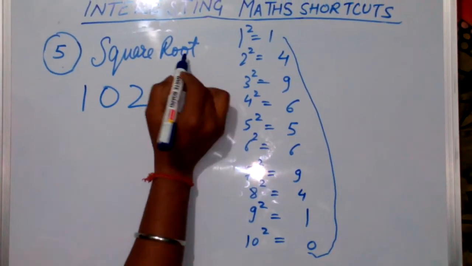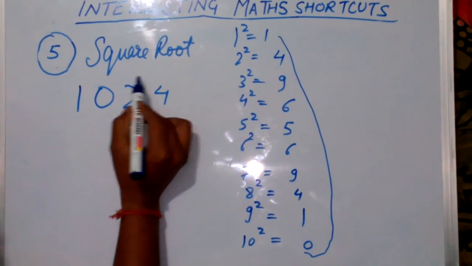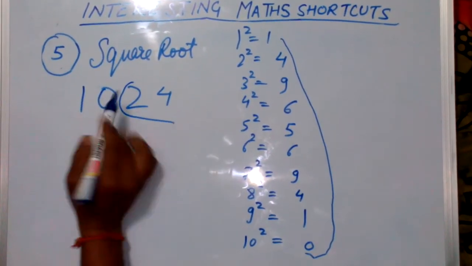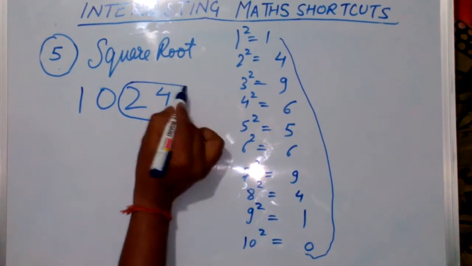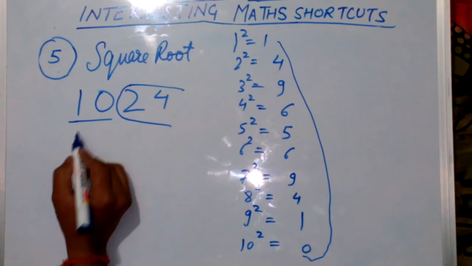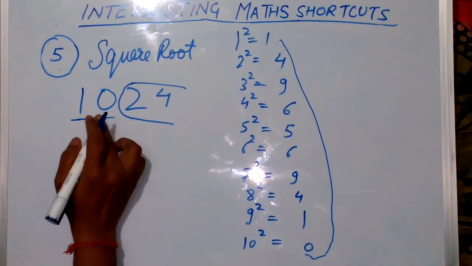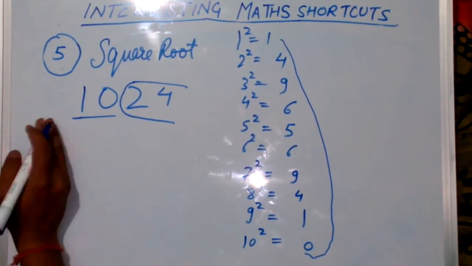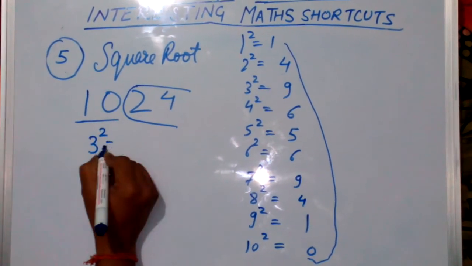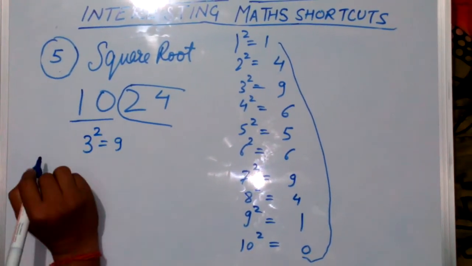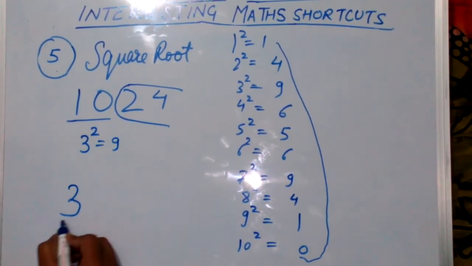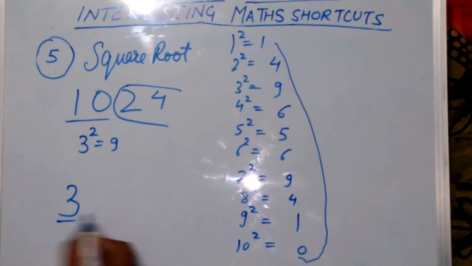For this, remember we have to separate the last two digits and the remaining digits. For the remaining digits, we select a number whose square is just less than the remaining number. Like here, the square of 3 is 9, which is just less than 10. So our first number will be 3.